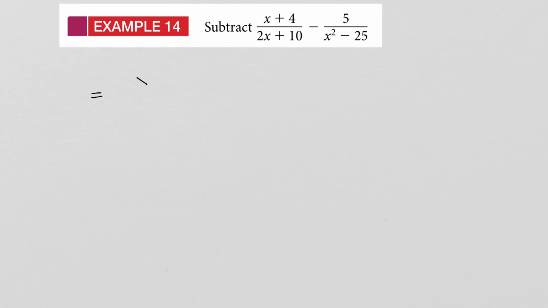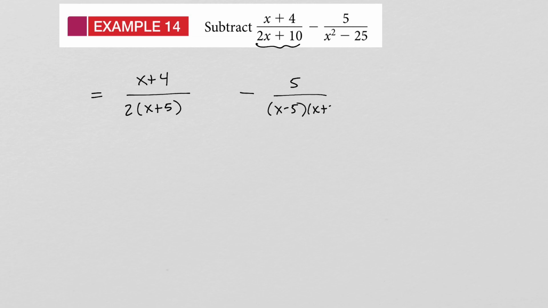So in this problem, I have x plus 4 over 2 times x plus 10, which can be factored into 2 times the quantity x plus 5, minus. And then we have, let's leave a little more room, 5 over x squared minus 25, which is the difference of 2 squares. Now we need to multiply by whatever is missing.